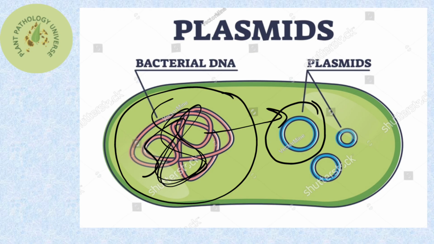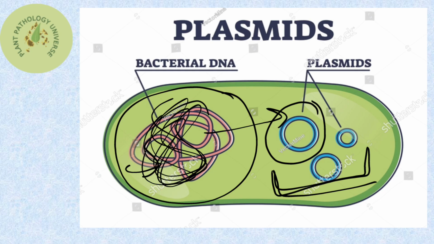Now why does the bacterium need another independent chromosome if it already has its own? That is because these plasmids, or circular DNA, have a role to play in conjugation, and in some cases they also provide resistance to certain pathogens or to harsh environmental conditions, right?